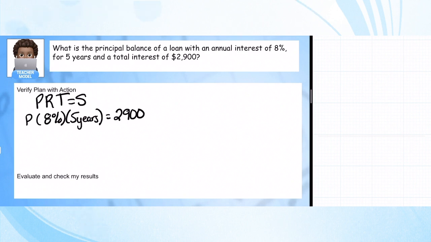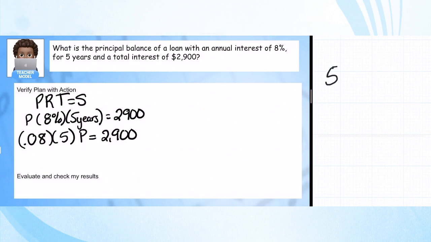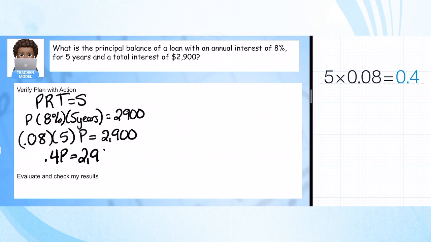We know that our rate should be as a decimal, so 0.08, so 8 hundredths, times 5 times principal is 2,900. Let's multiply 5 times 0.08 and we get 4 tenths. 0.4 times P is equal to $2,900.